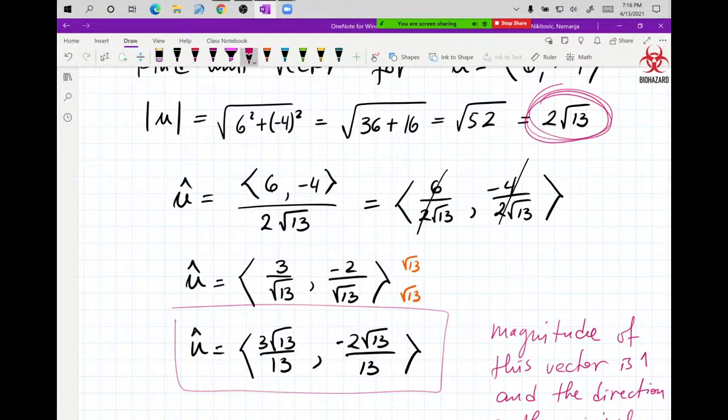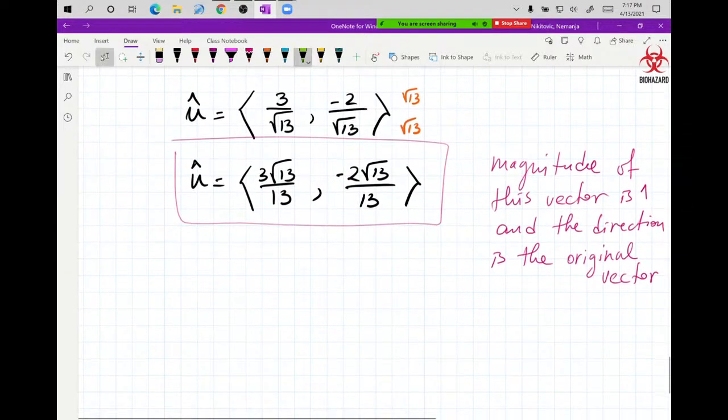So the original vector is clearly not a unit vector because it has magnitude of 2 root 13. However, the unit vector, right, we divided the vector by its magnitude. So the unit vector that we have on the bottom does have the magnitude of 1, because we scaled it down.